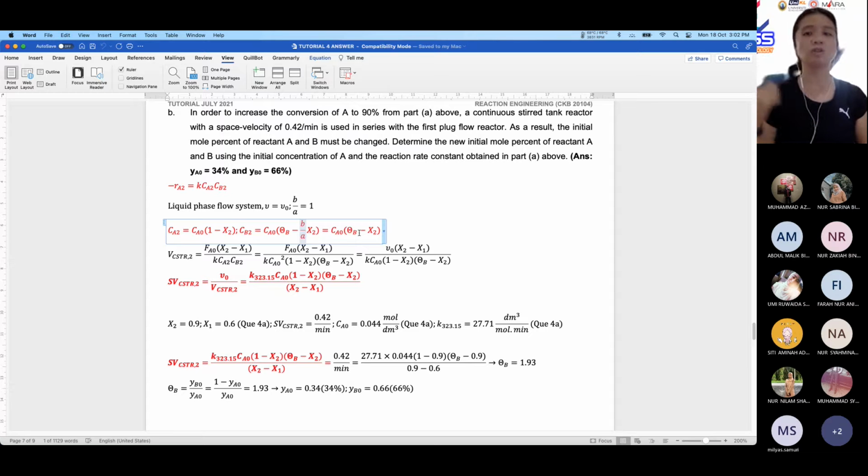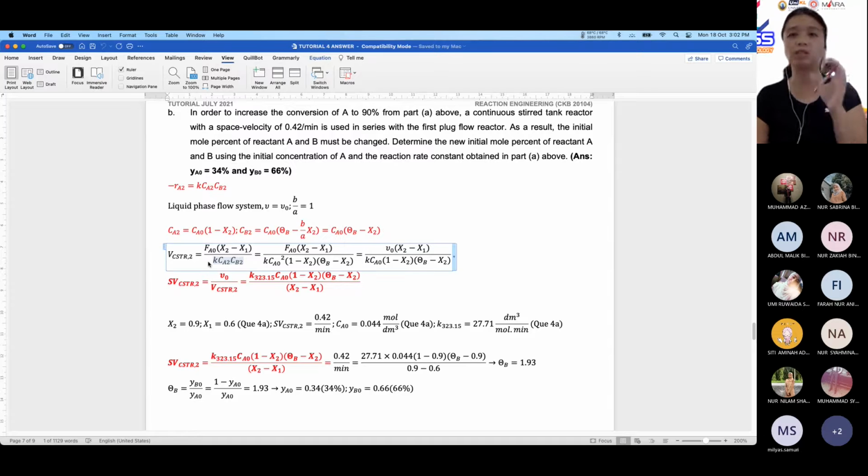So stoichiometric coefficient for A is also 1. So B per A become 1. So CB2 becomes CA0 in bracket theta B minus X2. Okay, so kita combine balik. Kita combine, so maknanya yang kat bawah tadi yang K CA2 CB2 become K CA0 in bracket 1 minus X2 multiply with CA0 in bracket theta B minus X2.